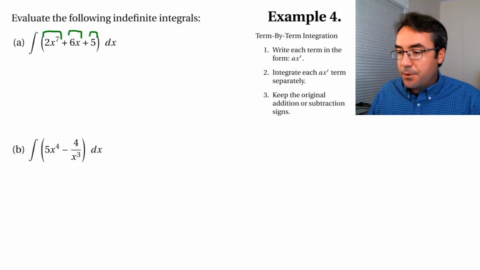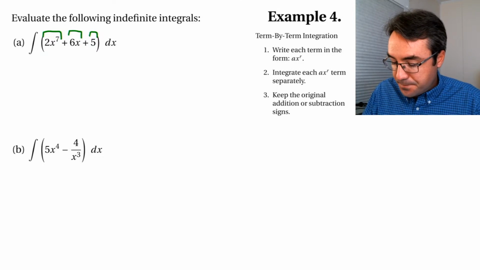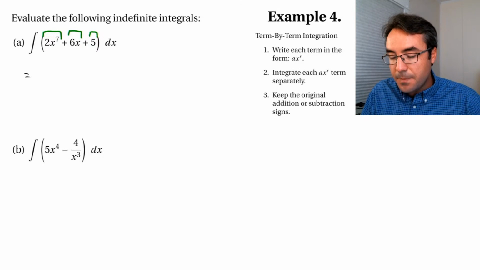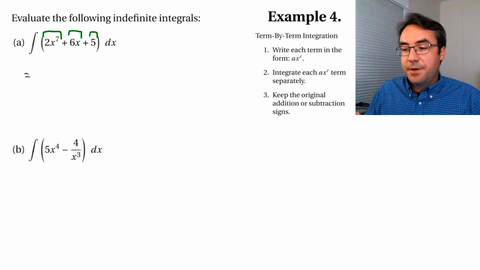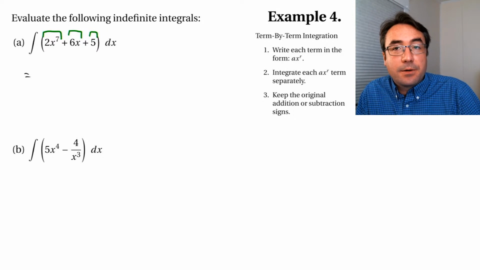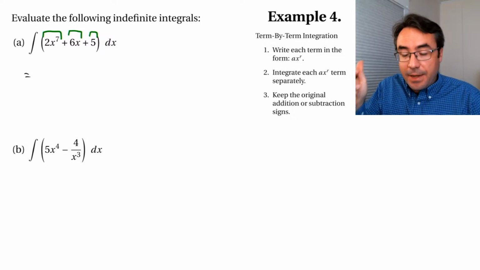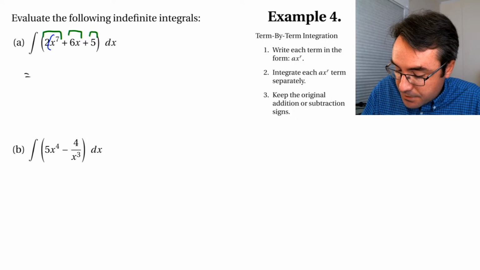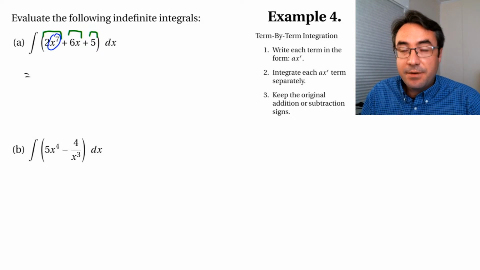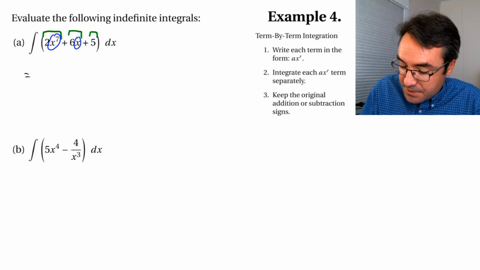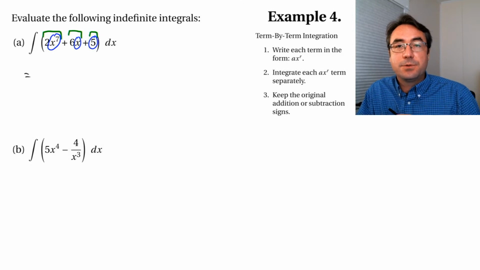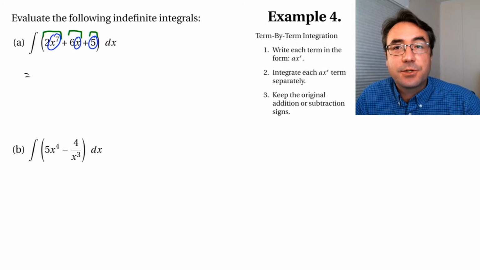And so when we go through and do the integration, it helps to just circle the variable parts, go term by term, and circle just the variable parts. So x to the 7, x, and then there's no variable part, so we'll just circle the constant part in that last term.